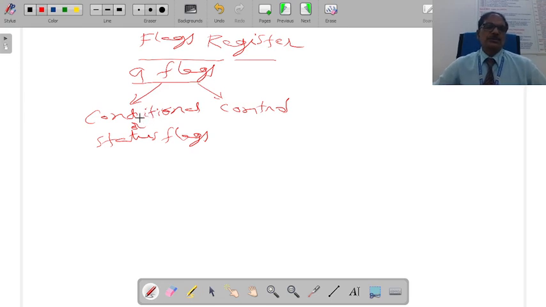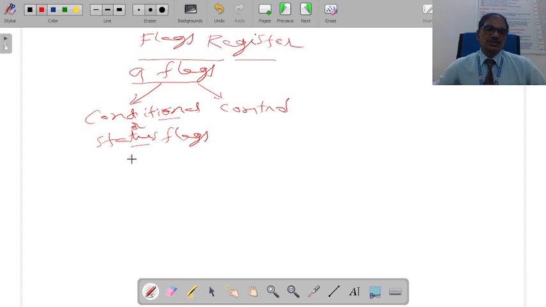That is why the name conditional flags is given, as they are being used as conditions for certain operations. The other name for the same flags is status flags, meaning these flags indicate the status of the result, so the name status flags is also given to them.